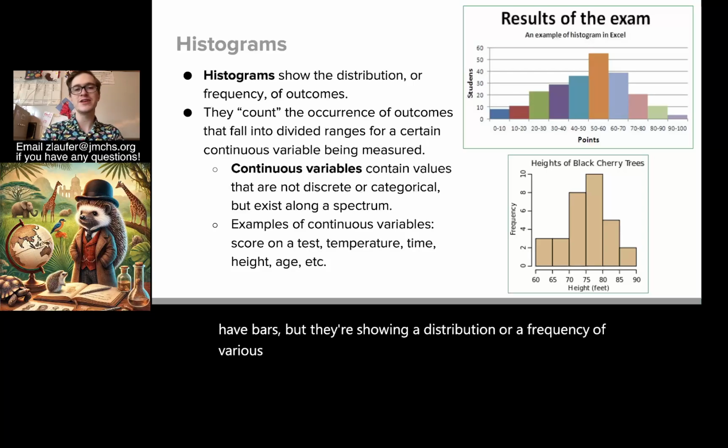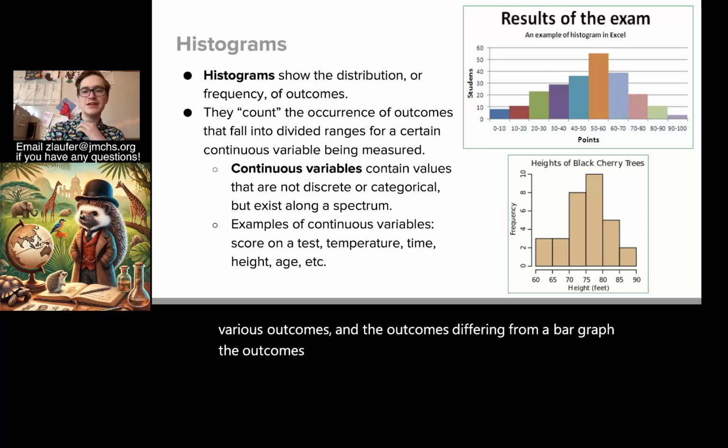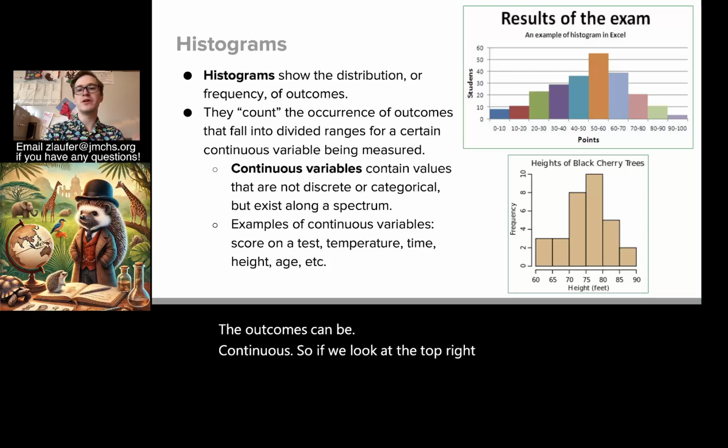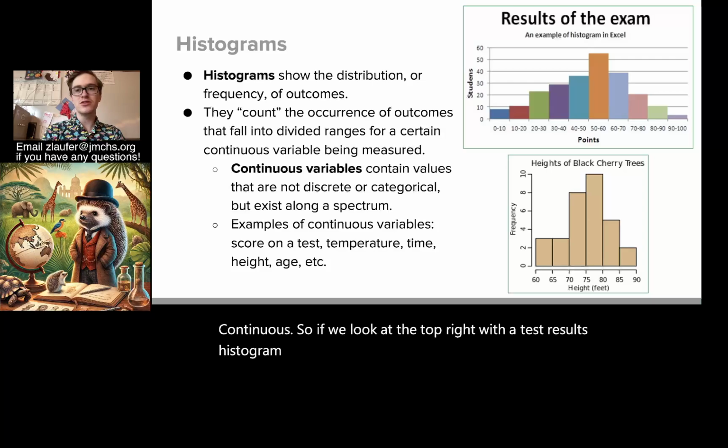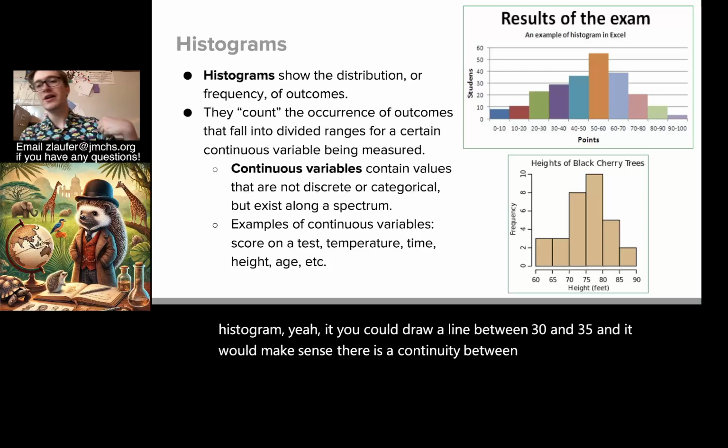And the outcomes, differing from a bar graph, the outcomes can be continuous. So if we look at the top right with the test results histogram, you could draw a line between 30 and 35 and it would make sense. There is a continuity between those two data points.